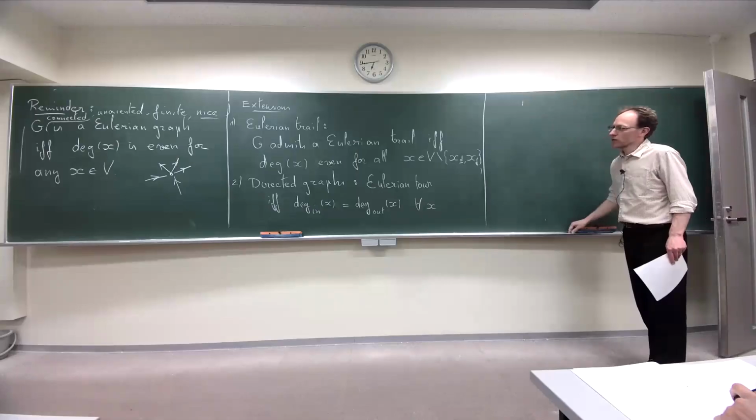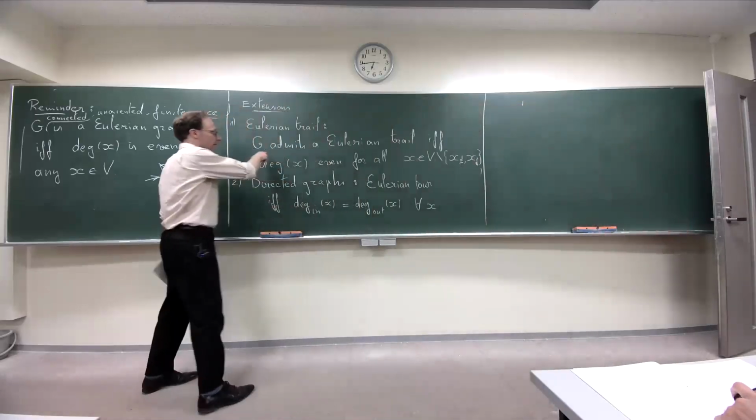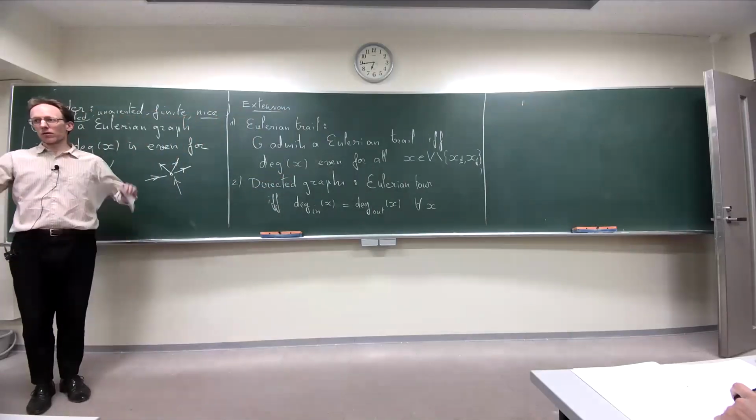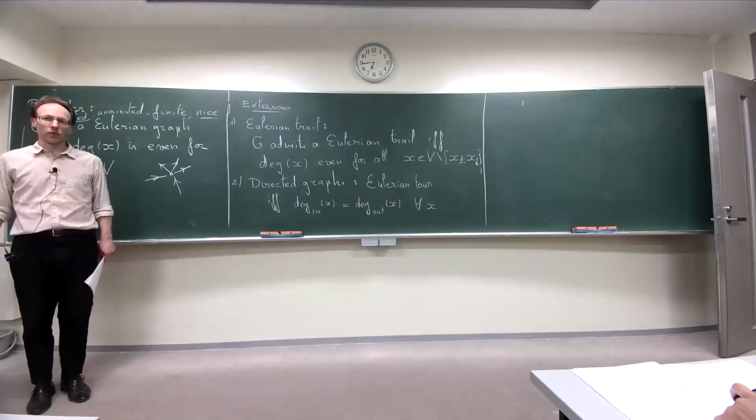And then you can do one more generalization. What about Eulerian trail, and not only tour? So you admit that the first point is different from the last one.